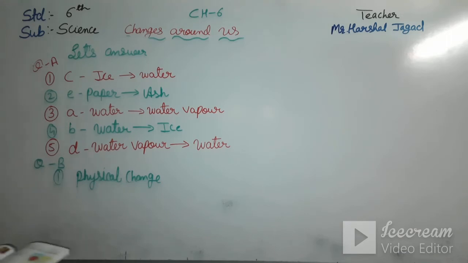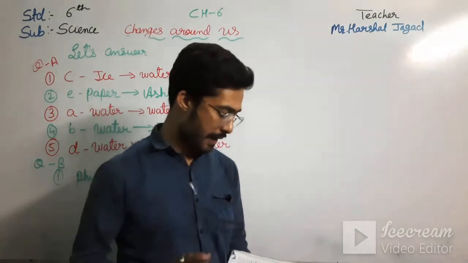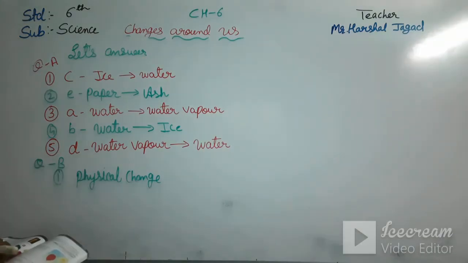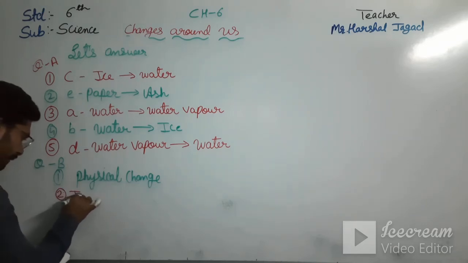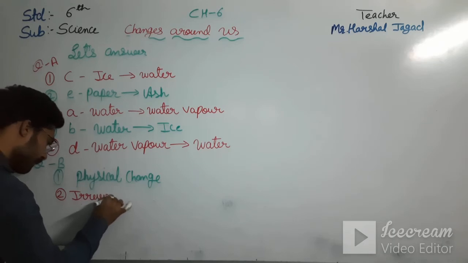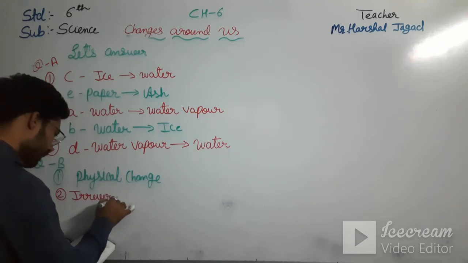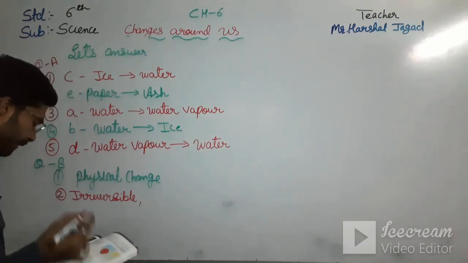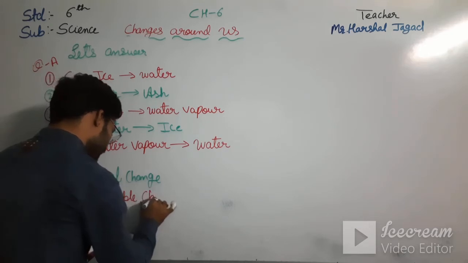Next, the ripening of fruit is an example of dash and dash change. So the ripening of the fruit is an irreversible change. Second one, in that there are two blanks. The first blank, that is irreversible change, and the other blank, that is chemical change.